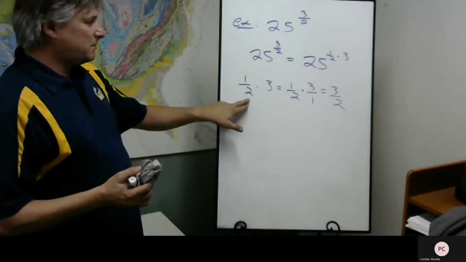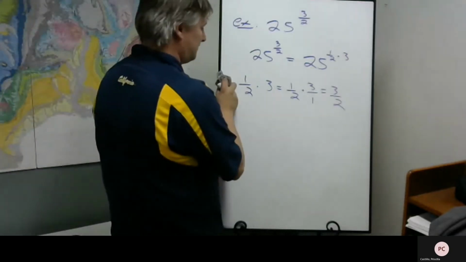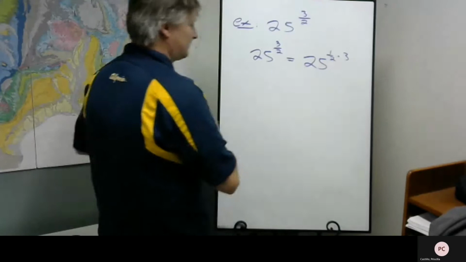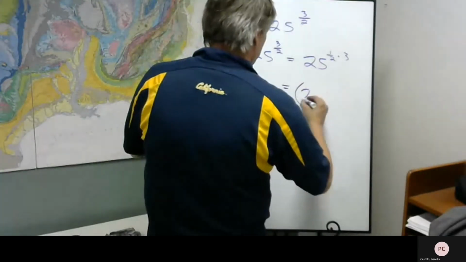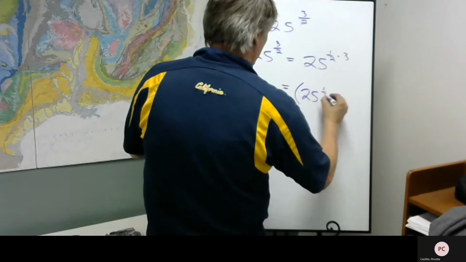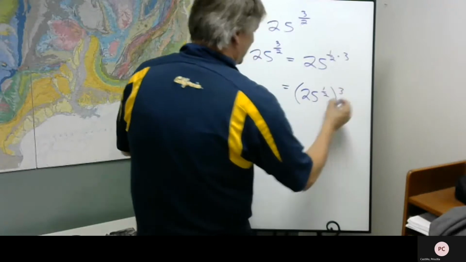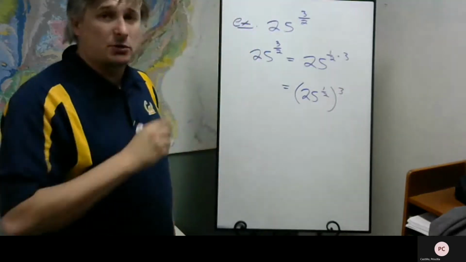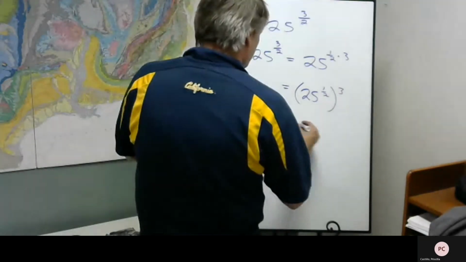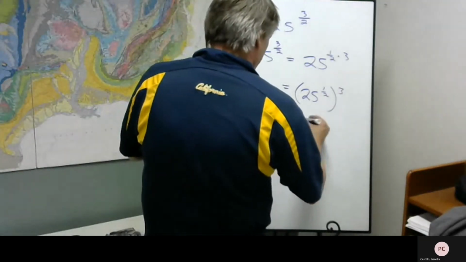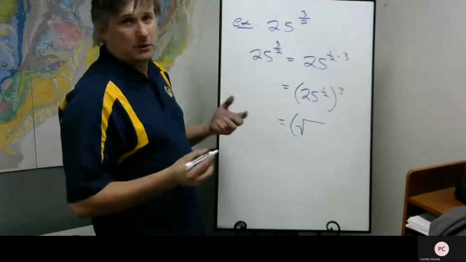So, knowing we can do this, we can use our rule to say this is 25 to the 1/2. And whatever that turns out to be, we're going to cube it. Now, 25 to the 1/2 is the 2nd root of 25, or the 2nd root's just the square root.